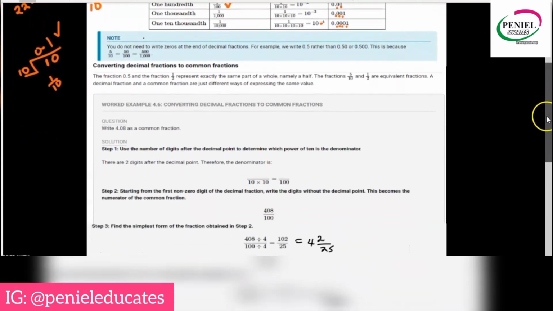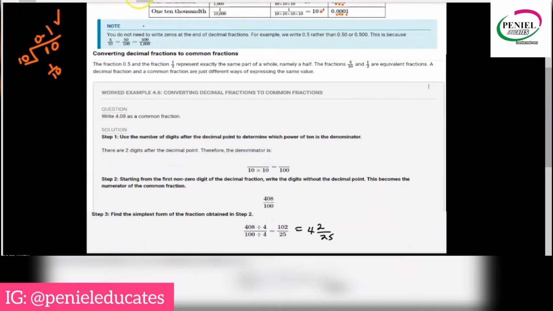Now if you look at the example that we're given here: write 4.08 as a common fraction. Like I said before, you need to check how many digits you have after the decimal.